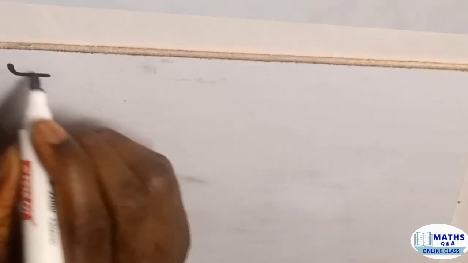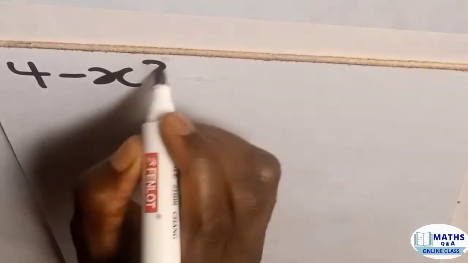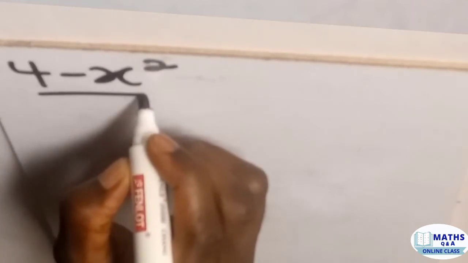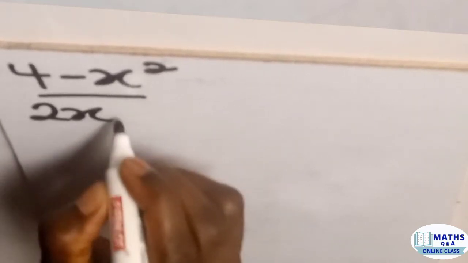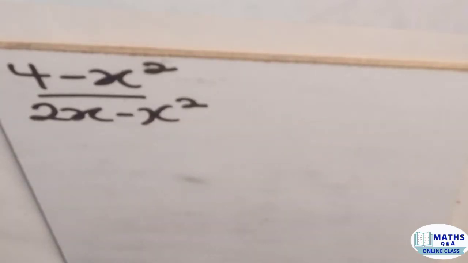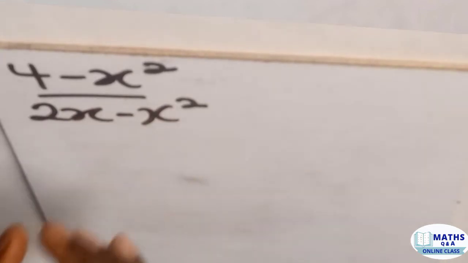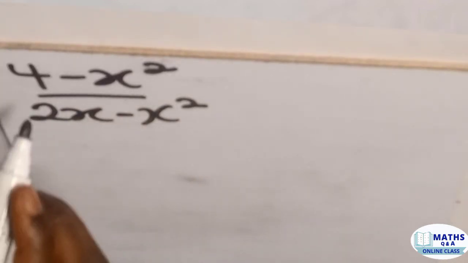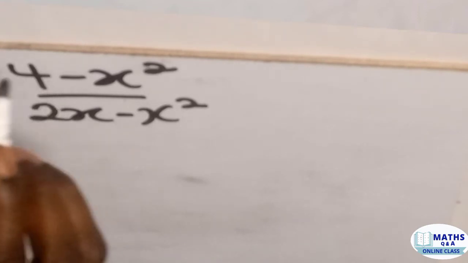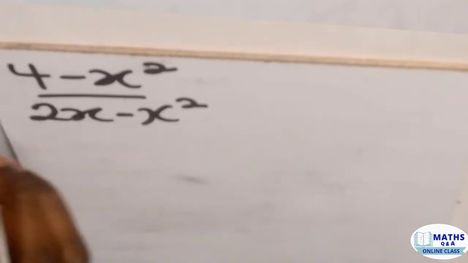So we have 4 minus x squared all divided by 2x minus x squared. And we are being told that x is not equal to 0. X is also supposed to be not equal to 2, right? So if we can simplify this algebraic expression, the first thing we have to do is to rewrite the 4. 4 is a square number.